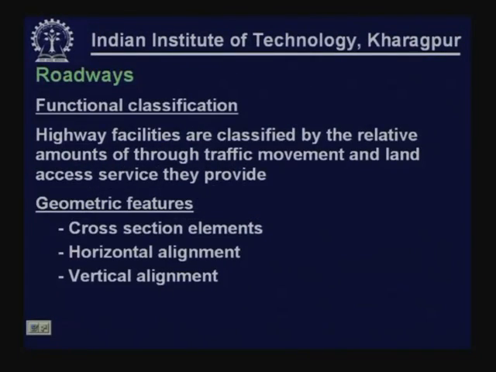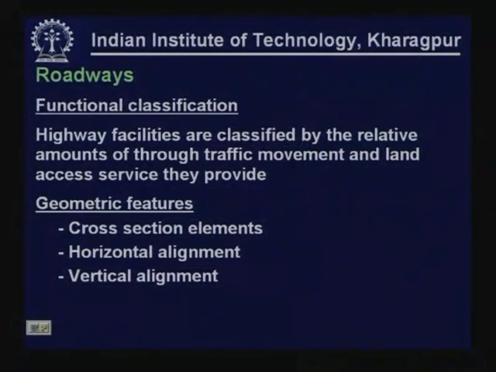Coming to the roadways, I have already discussed the need for functional classification. You will see we try to design the roads to provide safe and efficient movement of persons and goods. So, we go for geometric design. We have a separate module under geometric design, where we will discuss at length each and every aspect.